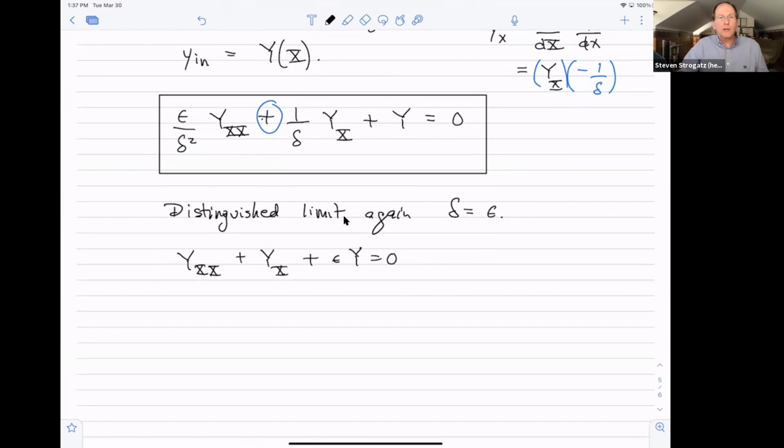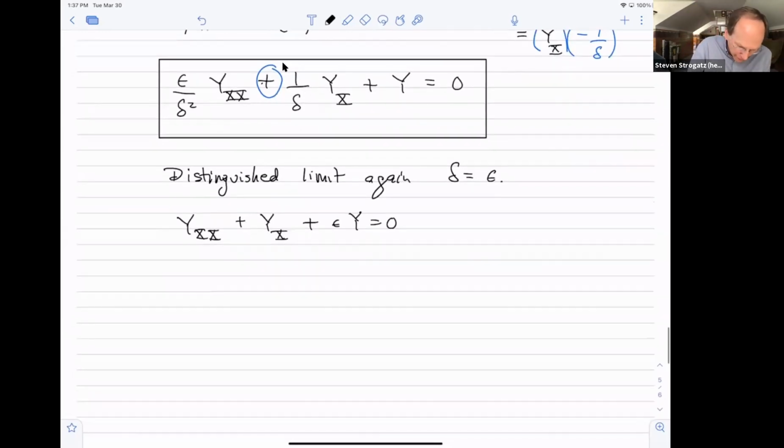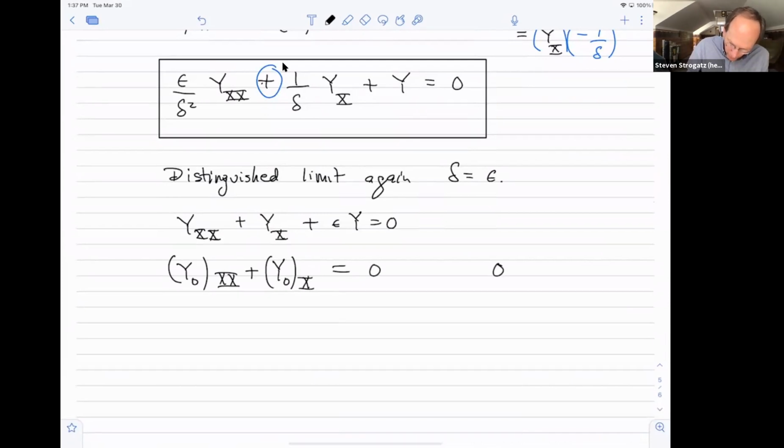You would now get this layer equation. And so doing this at lowest order, y0 2x's plus y0 1x equals 0. That's my order 1 equation.